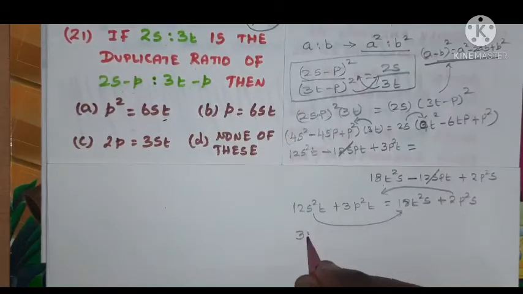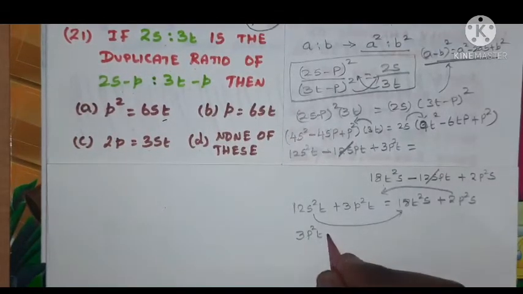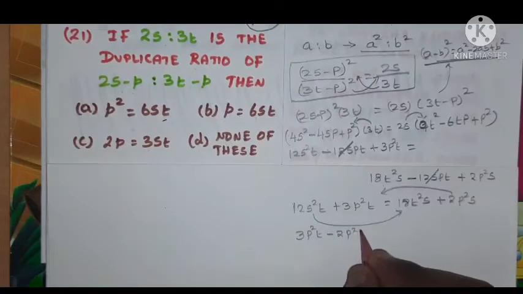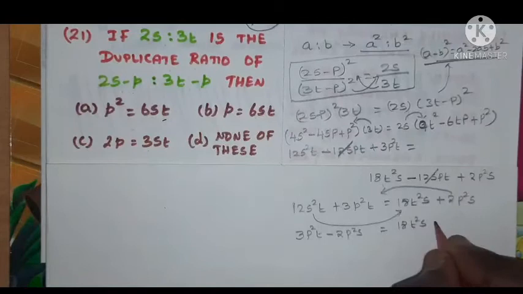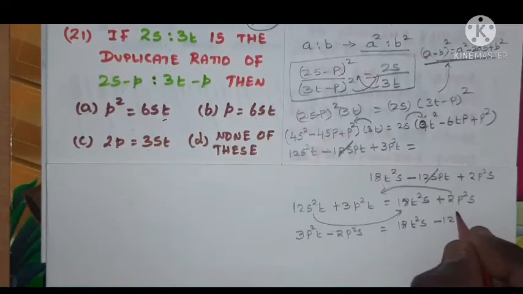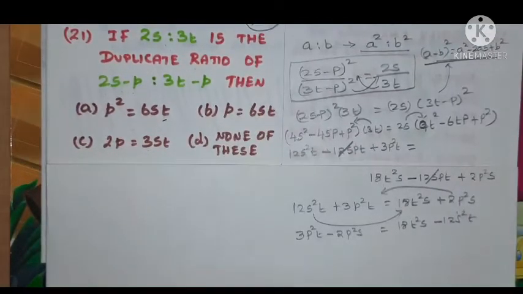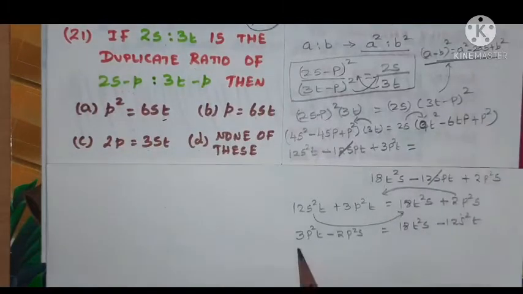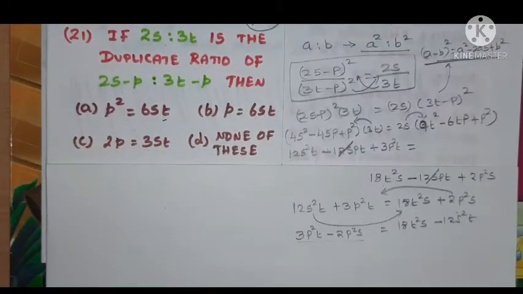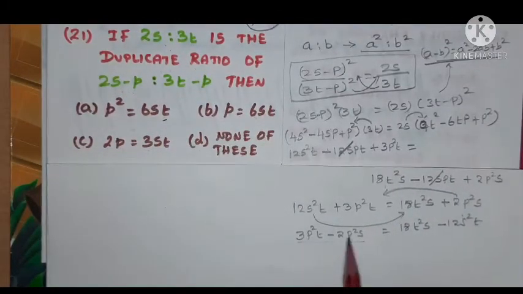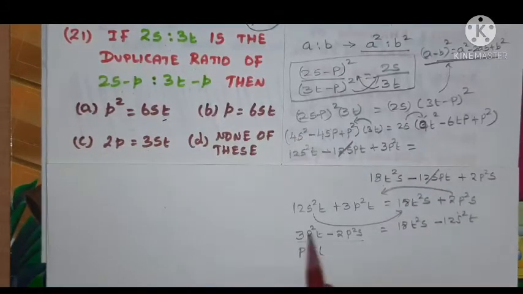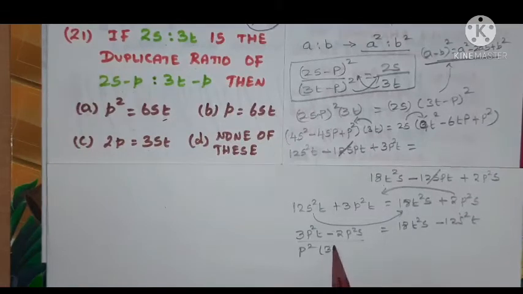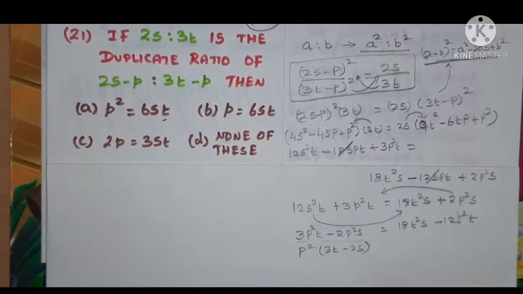So 3p²t minus 2p²s equal to 18t²s minus 12s²t. Am I right? Now look at these two terms. Which one is common in this? The common term is p², so I am taking it outside. So the rest of the value is 3t minus 2s. Am I right?